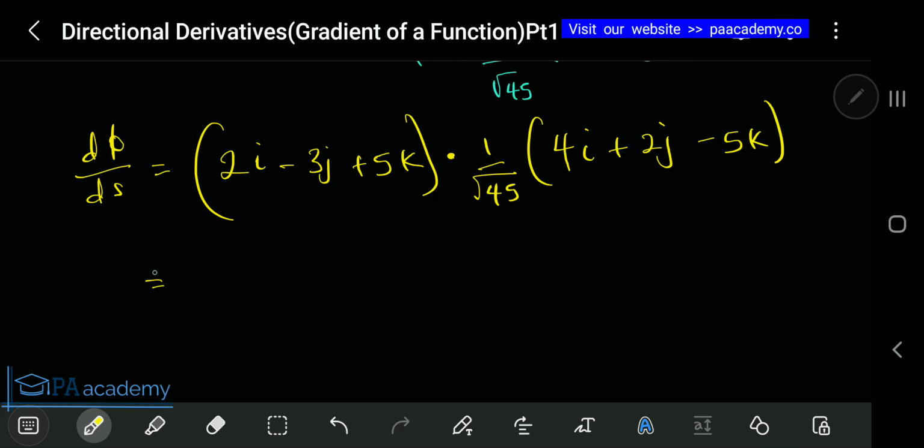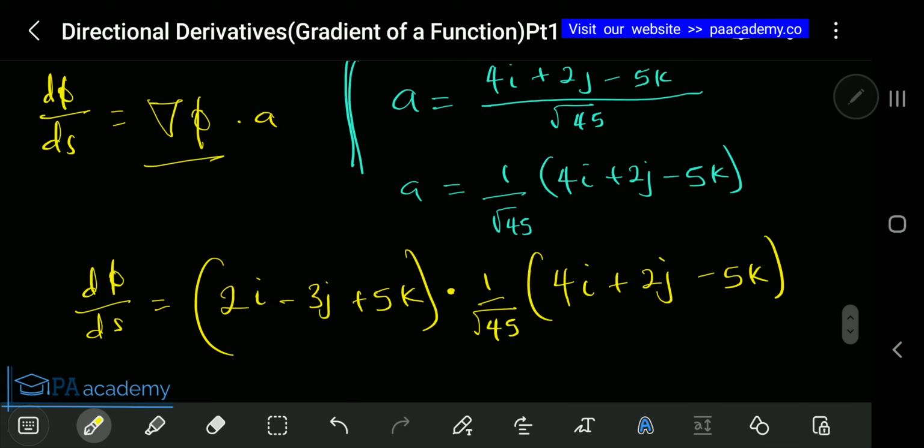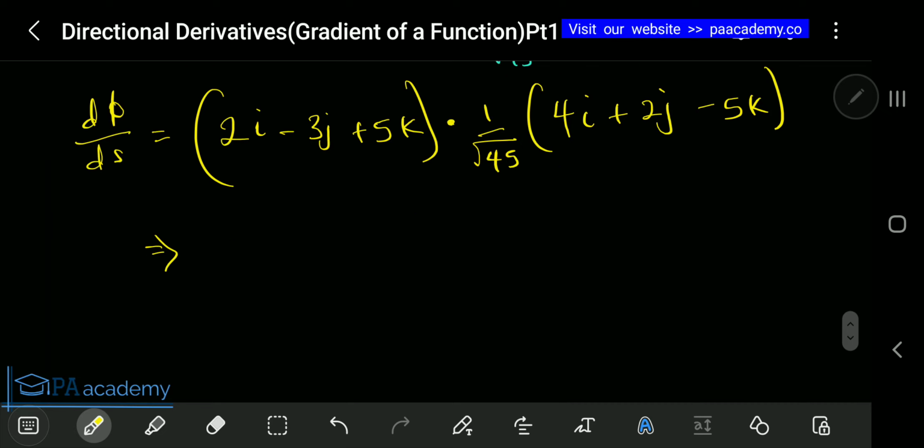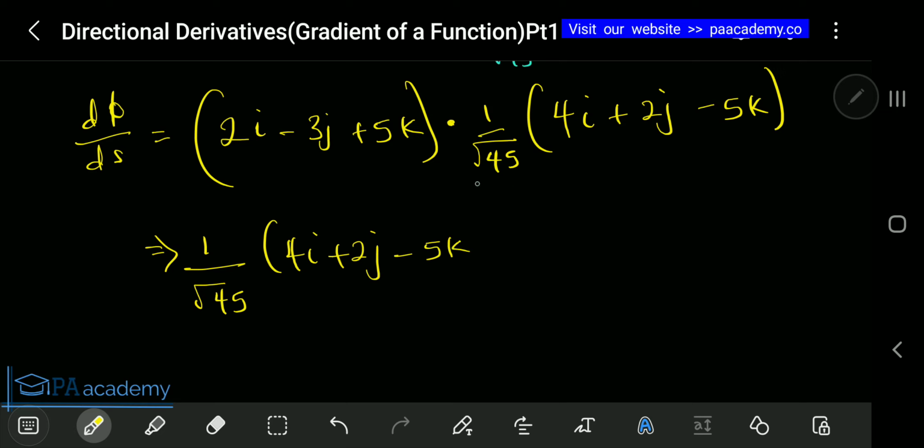Let me write this as 1 over root 45 into brackets 4i plus 2j minus 5k, which I want to come first, with the dot product of 2i minus 3j plus 5k. Alright, so now we are going to do the dot product here.